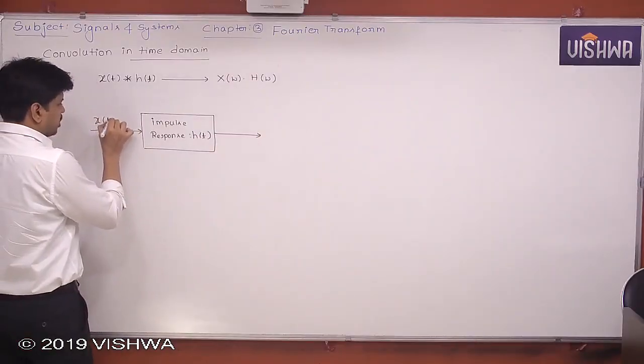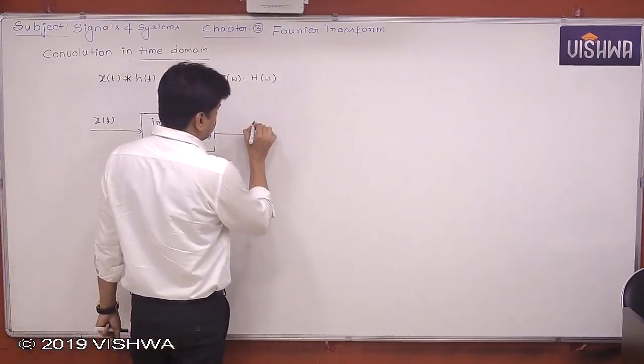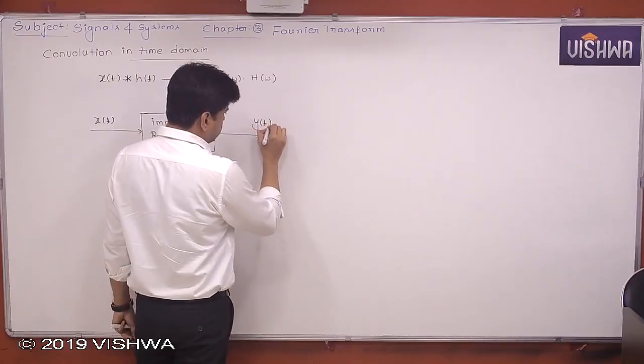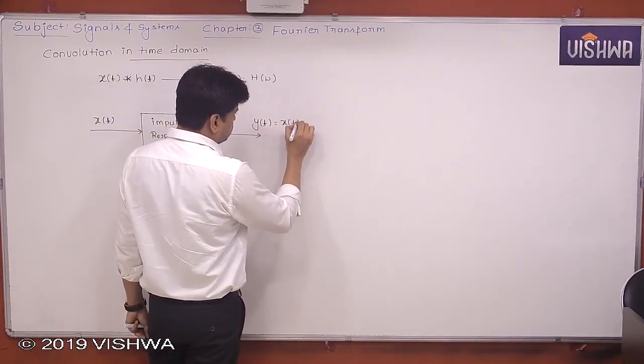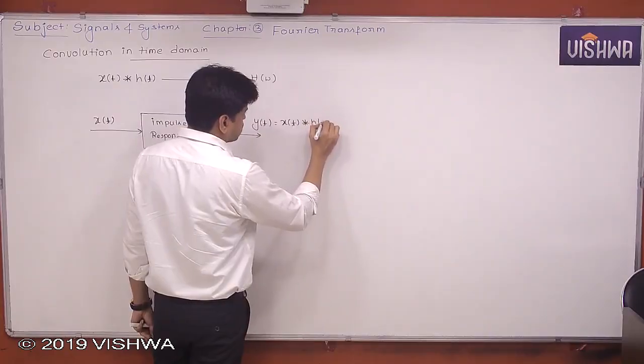If I give x of t as the input, then the output y of t is nothing but x of t convolution with h of t.